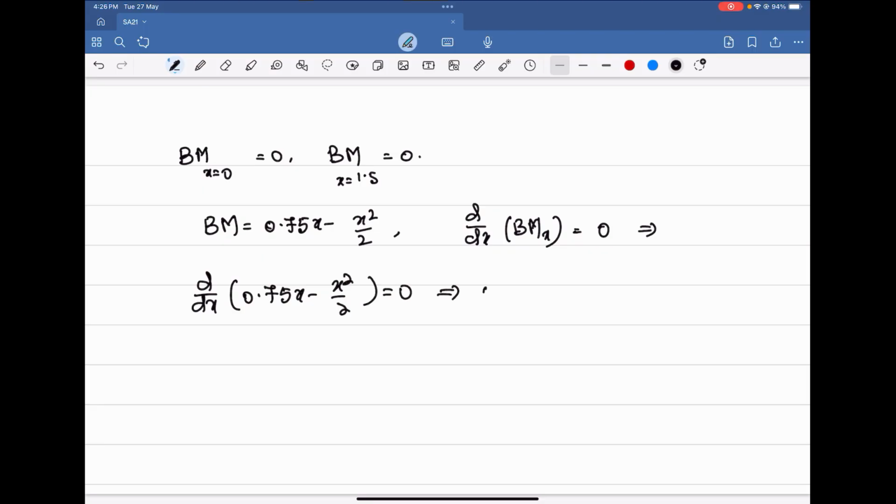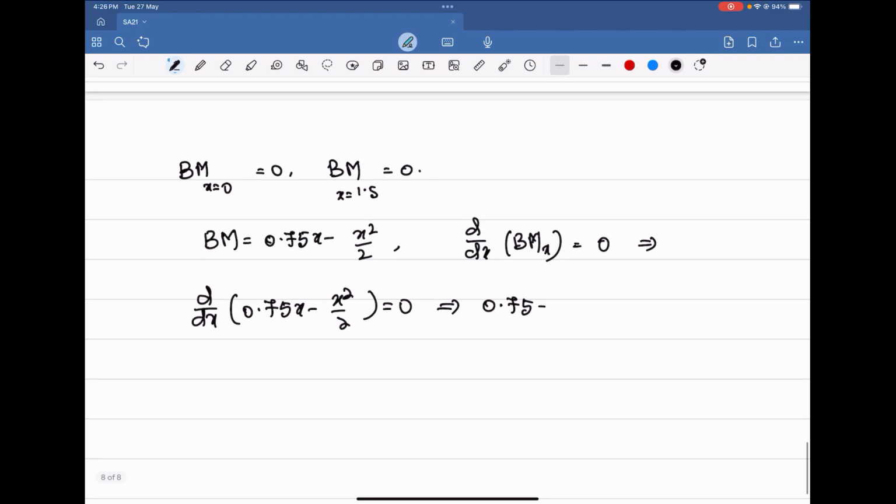That implies 0.75 minus, x square by 2 differentiated is 2x by 2, is equal to 0. That implies x is equal to 0.75 meter.